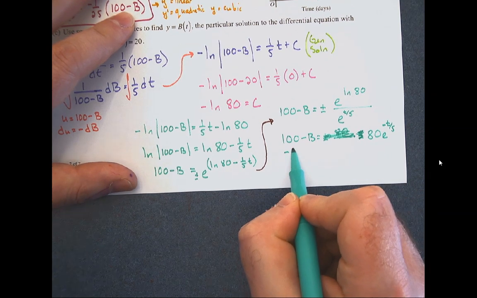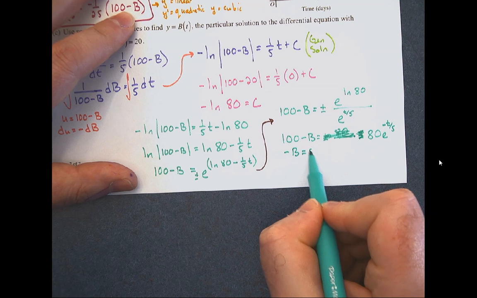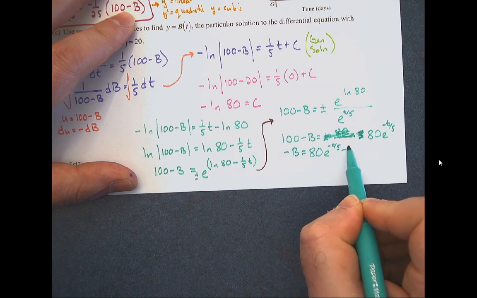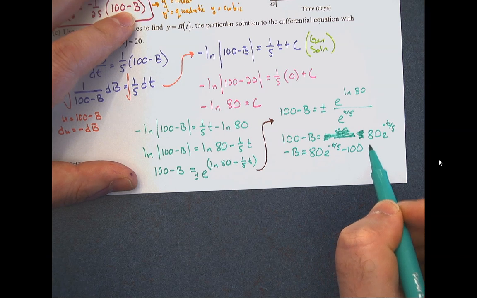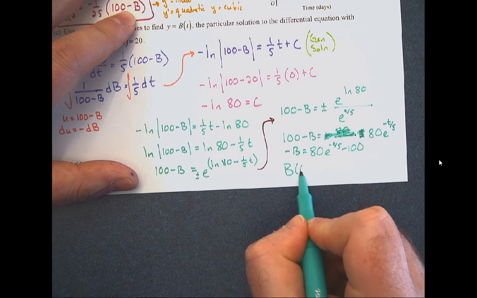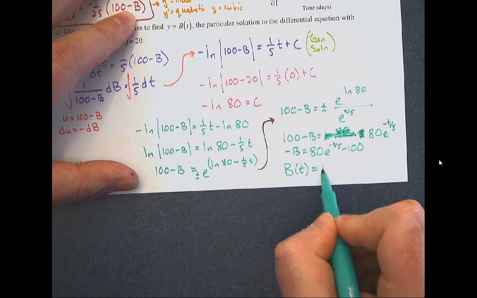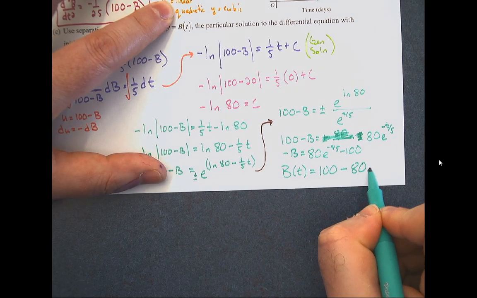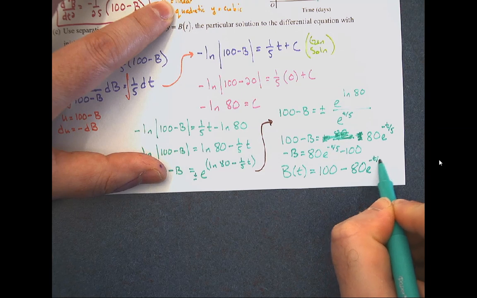So I would get negative B equals 80 e to the negative T over 5, subtract 100. And because I am not yet down to B, I would divide both sides by a negative, which would make the 100 become the positive, and then the 80 e to the negative T over 5.